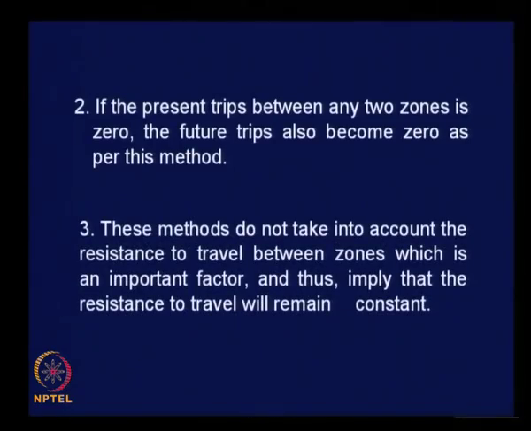And then these methods do not take into account the resistance to travel between zones, which is an important factor, and thus imply that the resistance to travel will remain constant. There is no Fij involved in the trip distribution using growth factors.